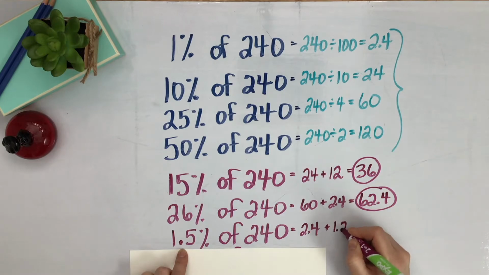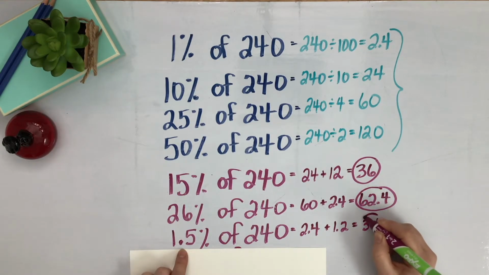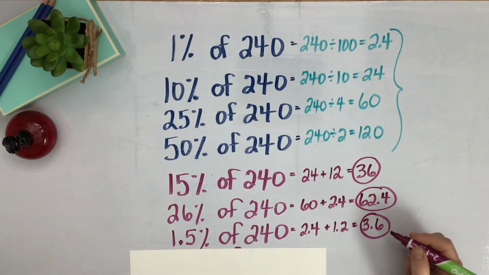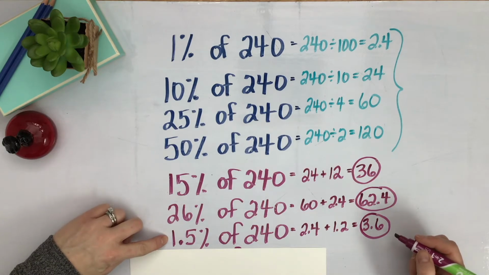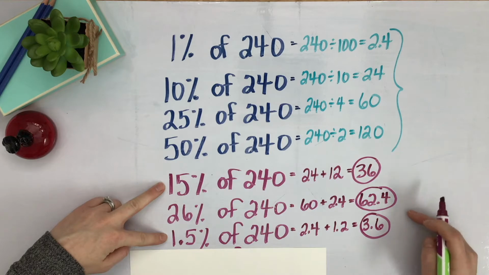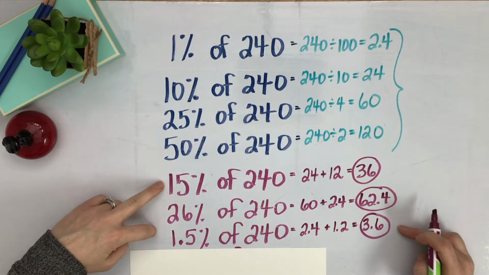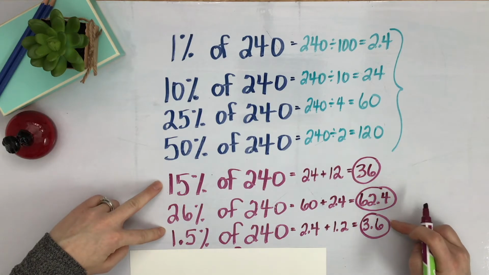So I put these two pieces together and I'll get 3 6/10. You might have also noticed that 1 5/10% looks pretty similar to 15%. That's because 1 5/10 is 10 times smaller than 15. So it would make sense that the value is 10 times smaller.